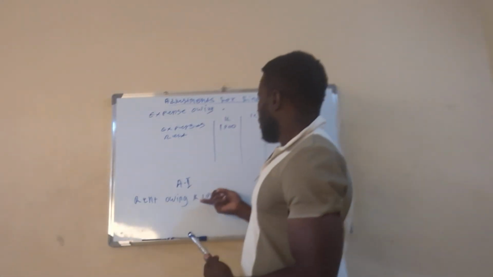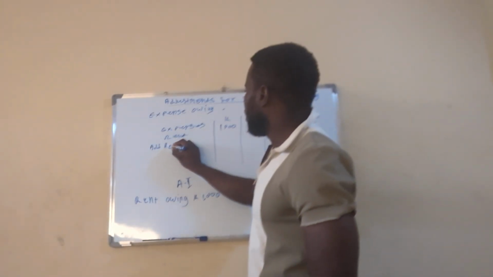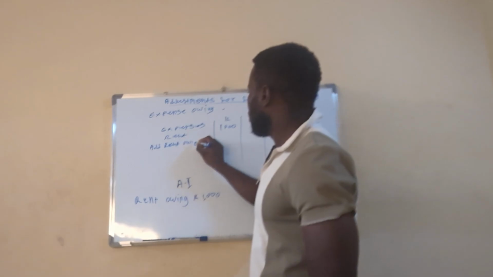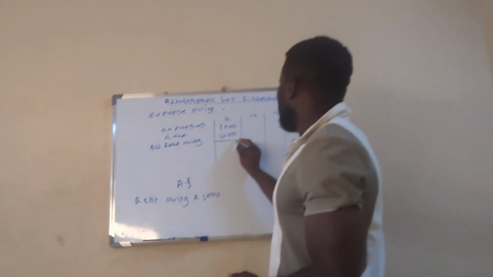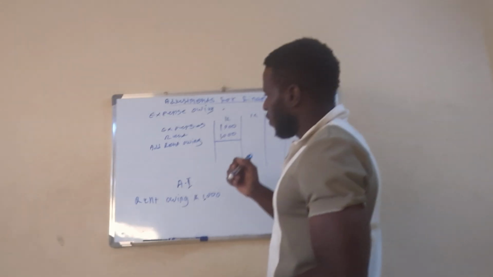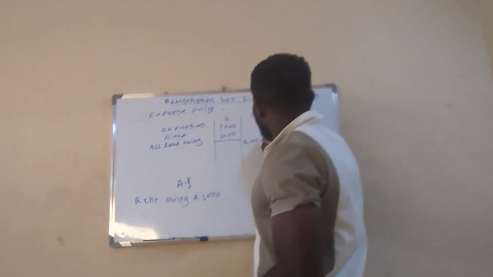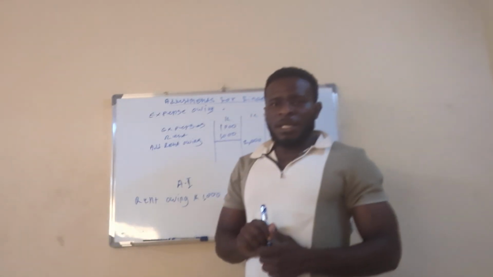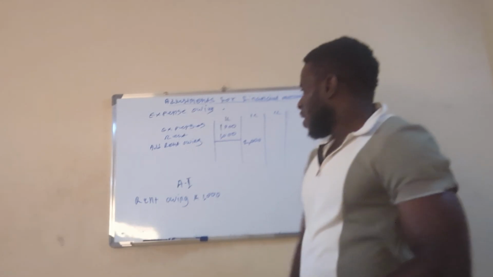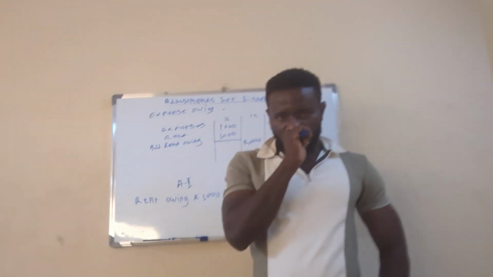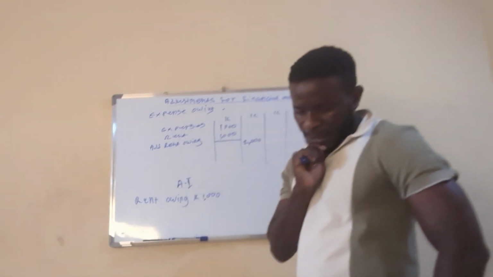So you add rent owing 1,000, so that you have the total amount of rent incurred. So you have 2,000. This is an expense that has been incurred during that particular accounting period, and this is what is supposed to reflect in the income statement.